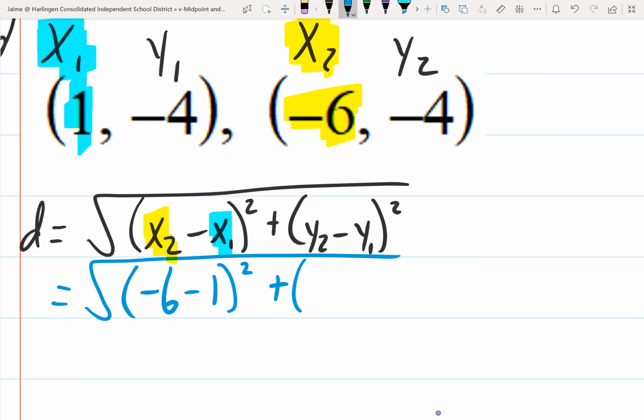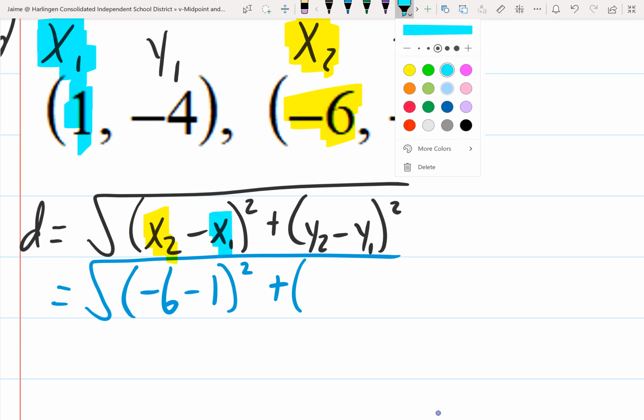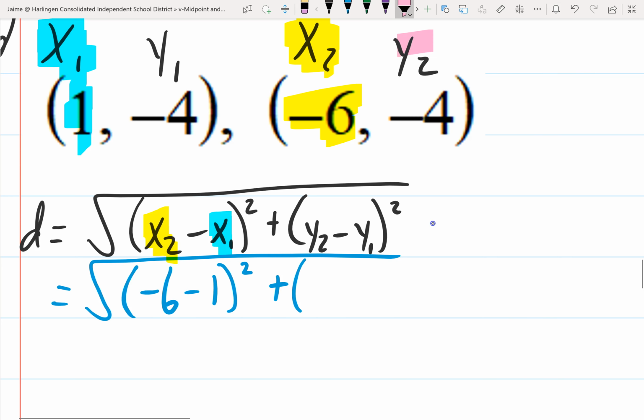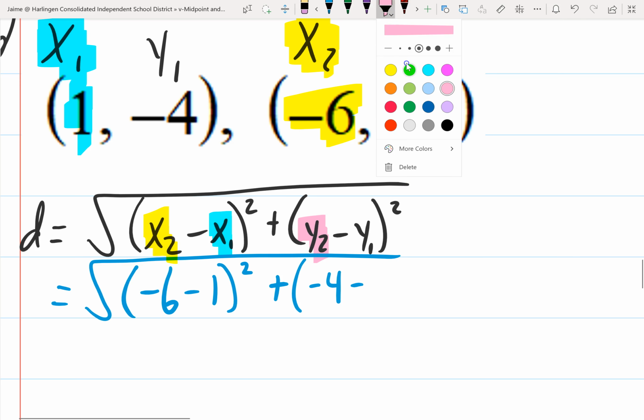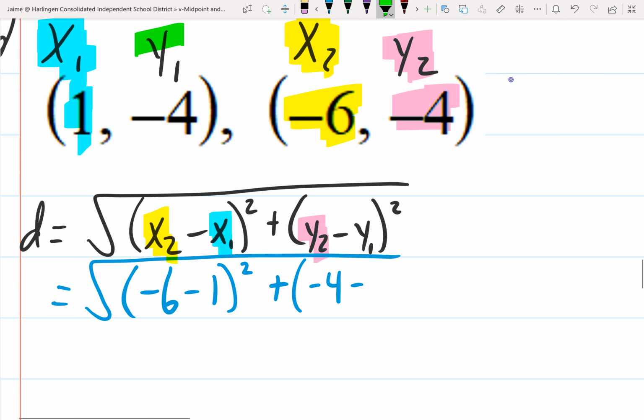Then another parentheses. Then you need y2 now. y2 is -4, so -4. Put the minus sign because of the formula. Now y1. y1 is -4.